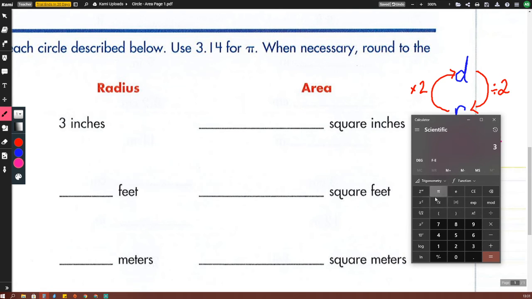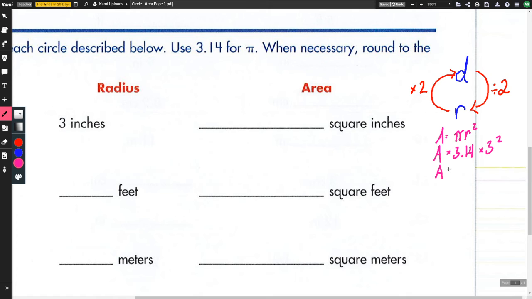I'm going to do 3 squared first. Gets me 9. Times it by 3.14. 28.26. I do have to round it though. So the tenth is right here. The 6 tells the 2 I want you to go up. So my answer is 28.3, because I got to remember to round it, and the 6 tells the 2 to go up.